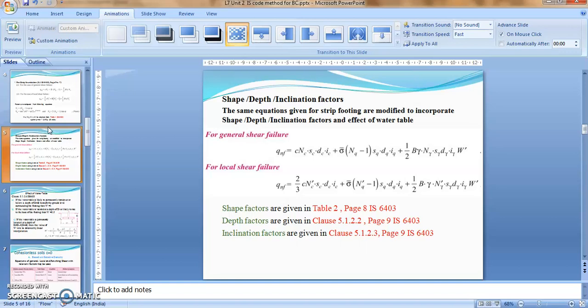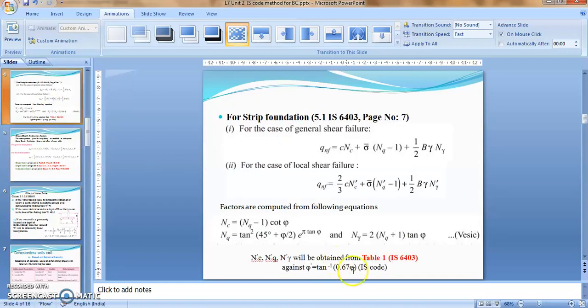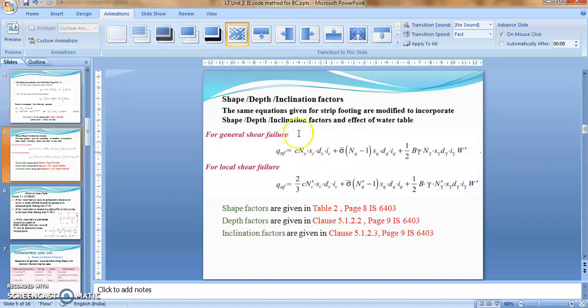So the first 2 equations are clearly ruled out. Then these 2. Now, how do we know whether it's a general shear failure or local shear failure? Again, in probably our lecture number 2, on modes of failure, the last slide had a summary. If I'm not mistaken, it was clearly mentioned that for an angle of friction less than 28, you expect a local shear failure.